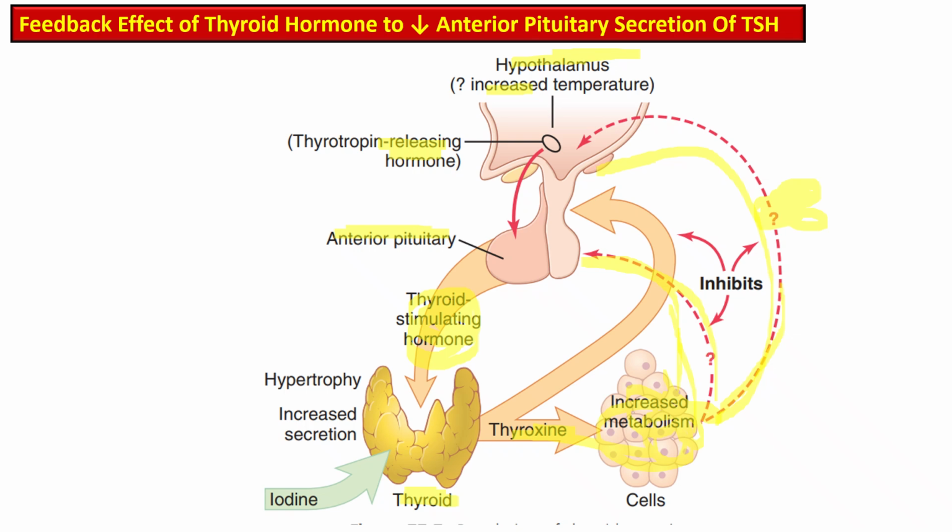So this negative feedback is more effective when the thyroxine concentration reaches about 1.75 times of the normal. So 1.75 times the normal concentration of thyroxine will inhibit these thyrotropes to completely stop the secretion of TSH.